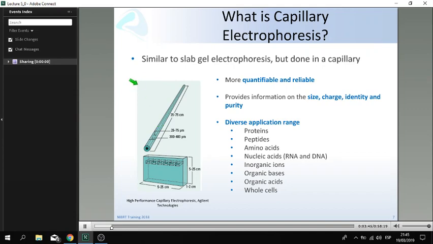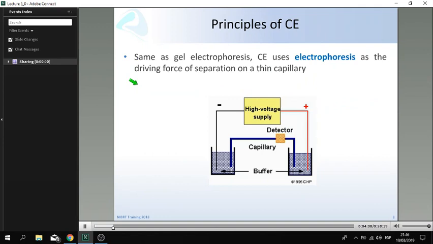It also provides you information about size, charge, identity, and purity, same as electrophoresis, but it can be used in a really diverse application range. Of course, we are interested in using it for proteins and peptides, but it can be used for amino acids, nucleic acids such as RNA and DNA, and you can even use it to analyze whole cells, so a really wide application.